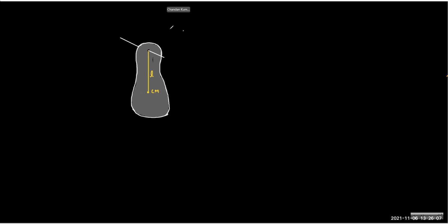Now the SHM of the vertical motion of a rigid body we will take care of separately in the chapter of rotational dynamics. But right now we have to take care of the string and bob part.